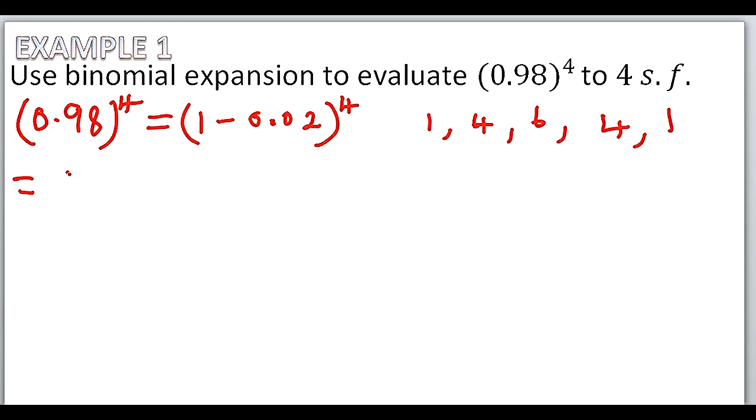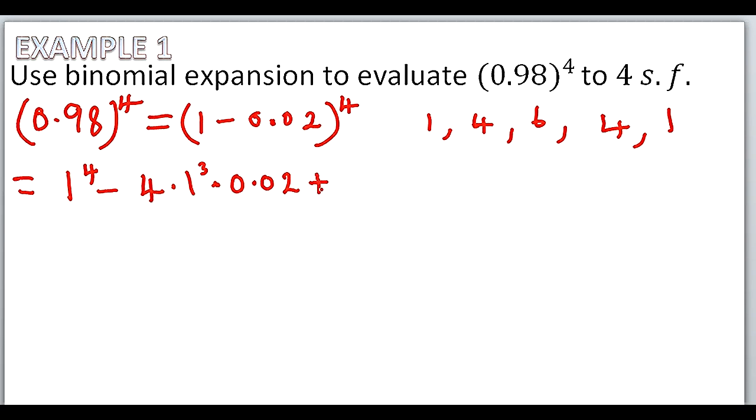So we write 1 is raised to power 4. When the sign is negative, we alternate, so we have minus. The next coefficient is 4, multiplied by 1 to power 3, it reduces the power by 1, and we multiply by 0.02.